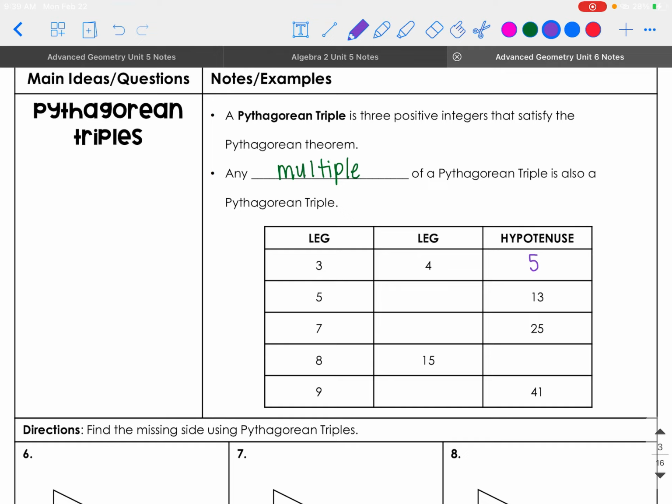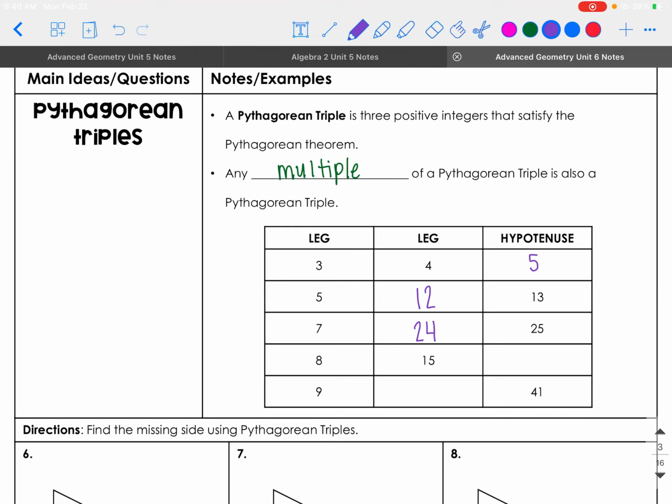The other one that's fairly common is 5, 12, 13. And if we have a multiple like 10, 24, 26, that would be a Pythagorean triple. You need to be able to recognize those multiples. Another one is 7, 24, 25.